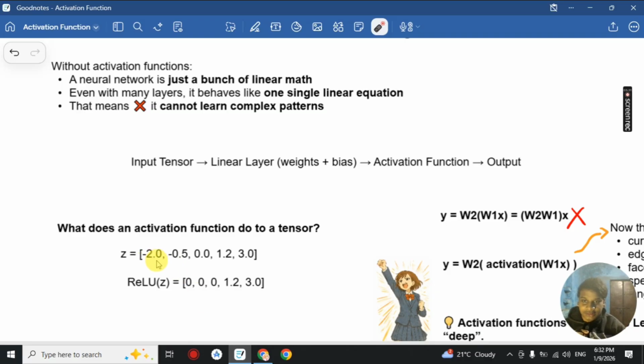You could see here it's -2.0, -0.5, and we get 0, 0, but it only considers the positive values. It ignores the negatives and directly prints the positive values. So this is one example of an activation function.